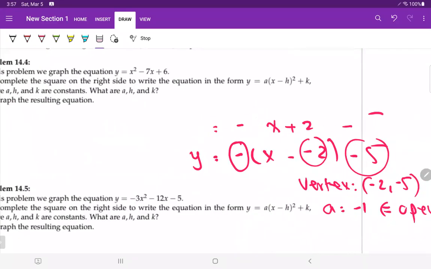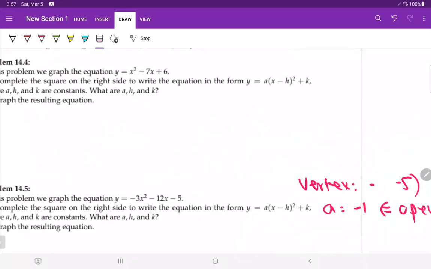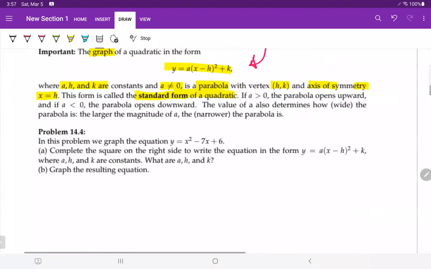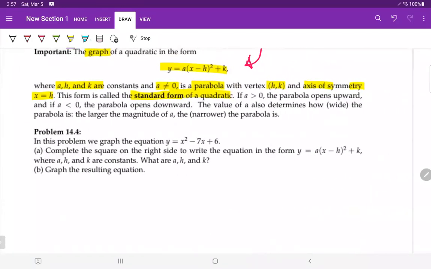Let's go back and continue. If A is bigger than 0, it opens upward. If A is less than 0, it opens downward. If A is 0, we don't have a parabola.